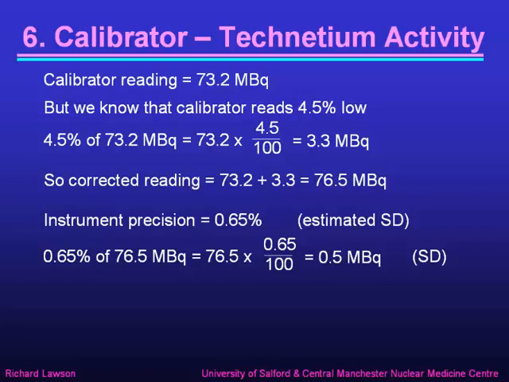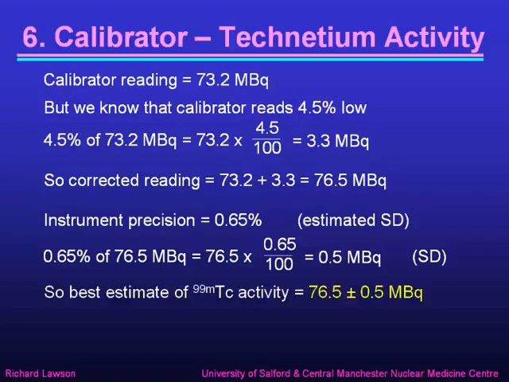So 0.65% of 76.5 megabecquerels is 76.5 times 0.65 over 100, which is 0.5 megabecquerels. That's assumed to be the standard deviation of this result. So the best estimate of the technetium activity would be 76.5 megabecquerels, our corrected activity, plus or minus 0.5 megabecquerels, the standard deviation estimated from the instrument precision.